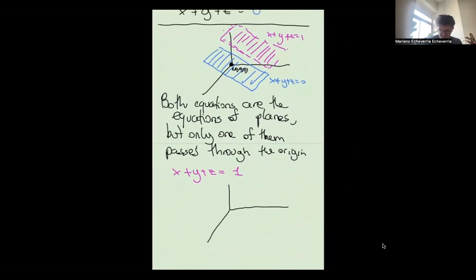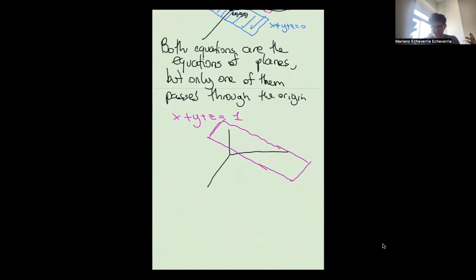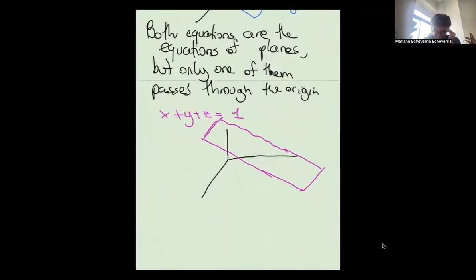It's a little bit deceptive, but it's okay. So I have this plane, and now you can have a vector on the plane.